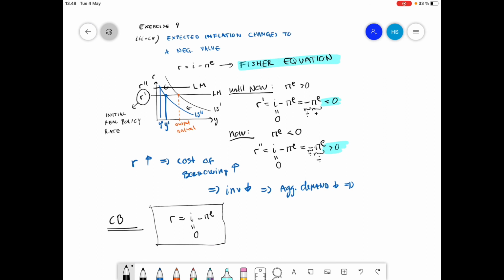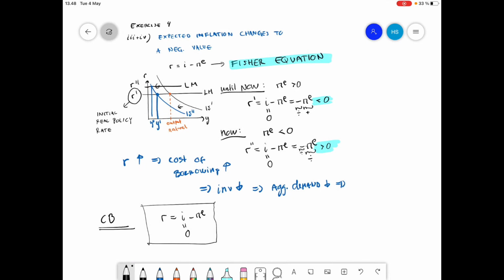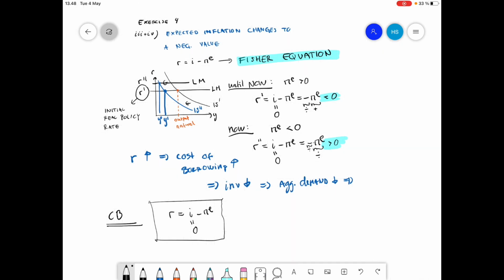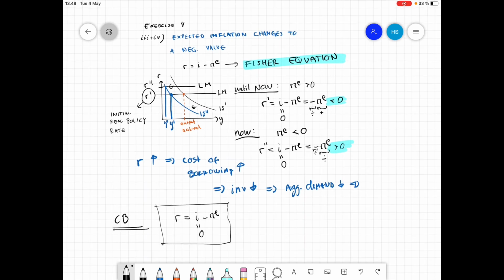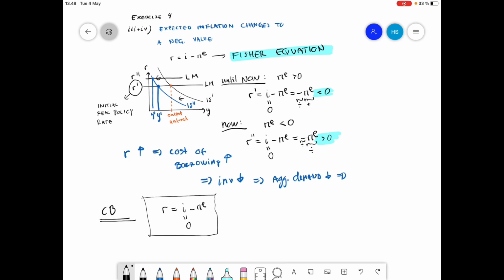Otherwise, if the government in all periods keeps cutting government spending, aggregate demand will keep decreasing, and we will see a continuous decrease in the expected rate of inflation and thereby an increase in the real policy rate.